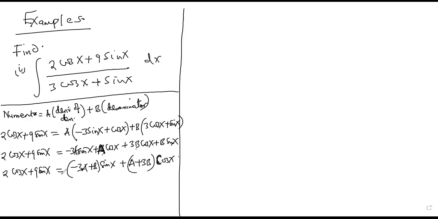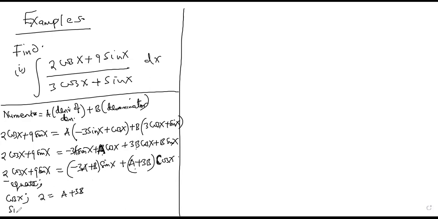You equate coefficients of cos and sine either way. So equate coefficients for cos x. This side we have 2, and this side we have a plus 3b. That is equation 1. All right.